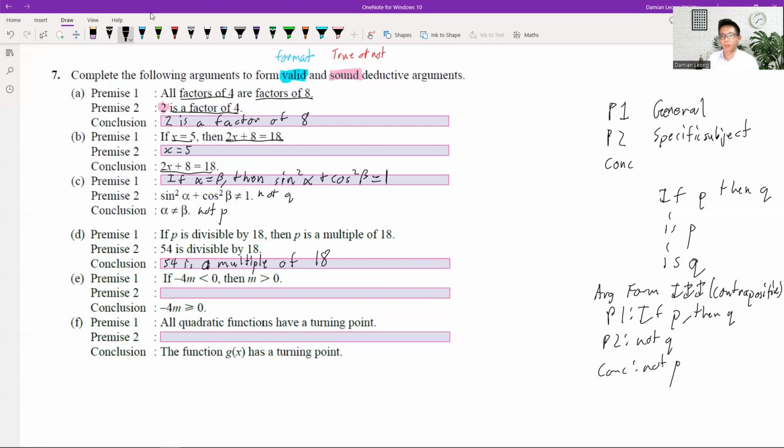Part E, negative 4m less than 0, then m more than 0. This one, negative 4m more than or equal to 0 as the conclusion means not P. So premise 2 should be not Q, the negation of m more than 0: m less than or equal to 0.